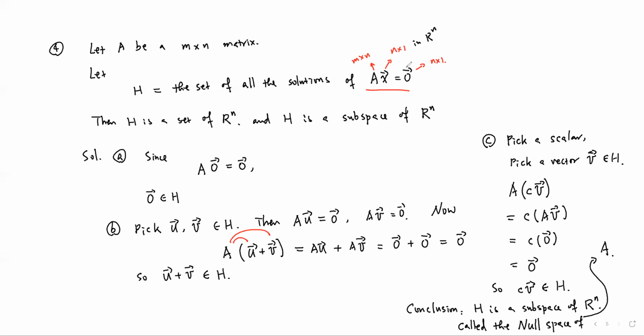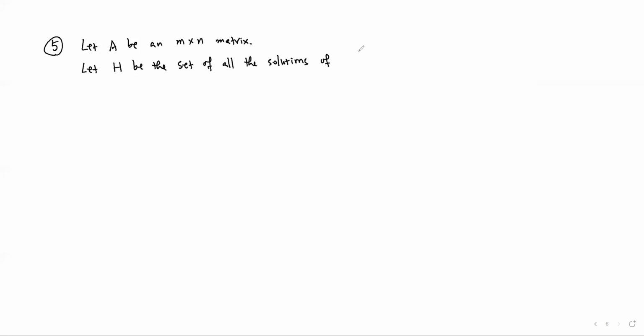Example 4. Now, the next example is not a subspace. Example 5. Let A be an m by n matrix. Again, I let H be the set of all the solutions of this equation.